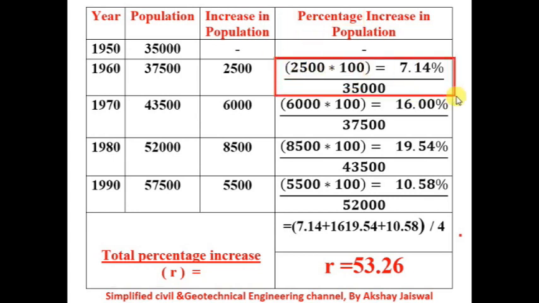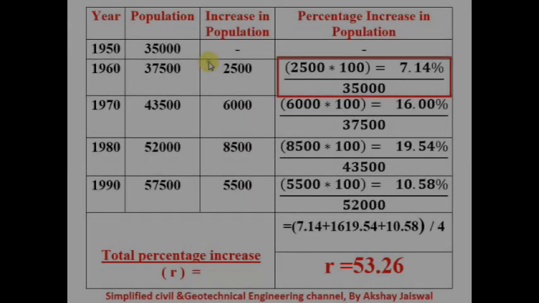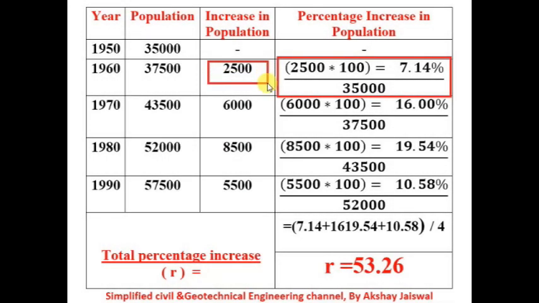To find percentage increase in the first case, we will take this 2,500 and, as we are finding percentage increase, we need to divide it by the original value, that is 35,000, because population increased from 35,000 to 37,500.